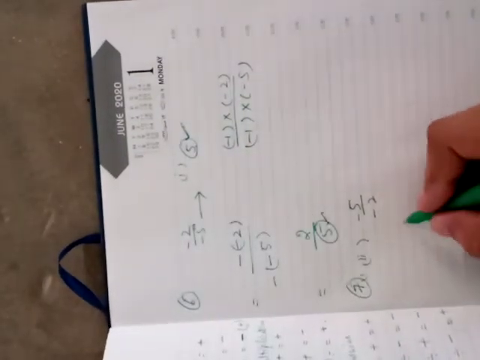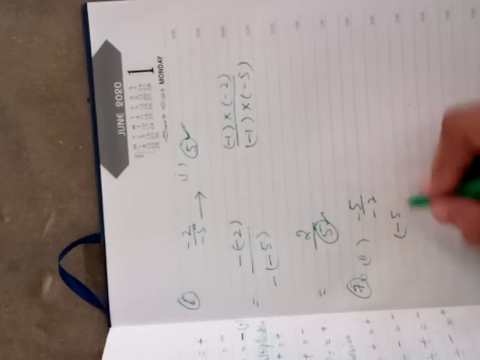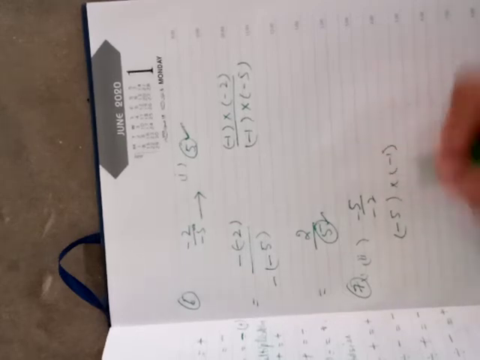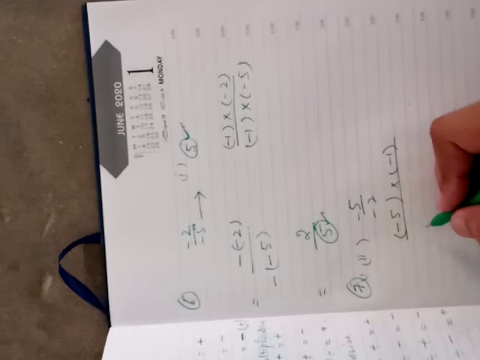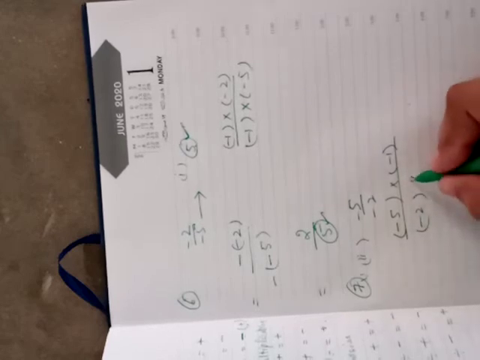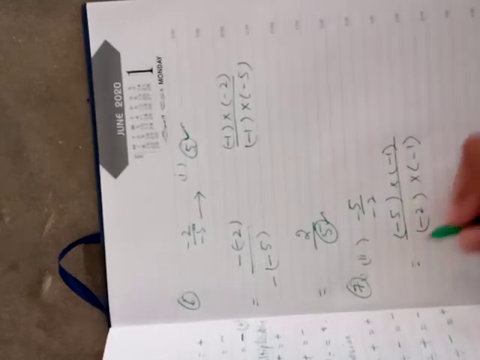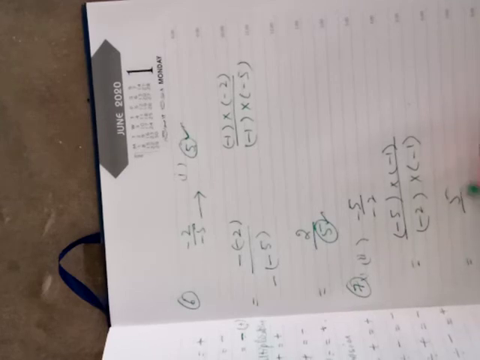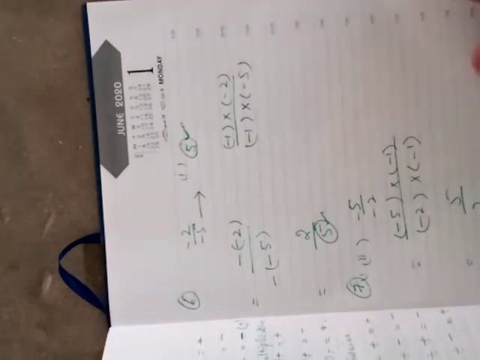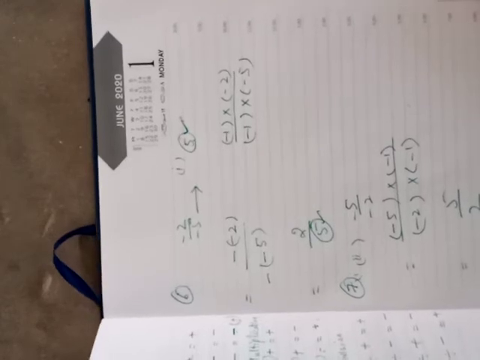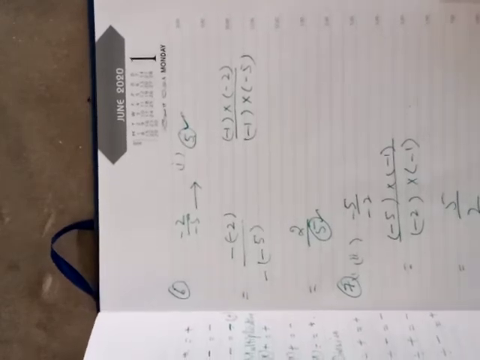Similarly, in question number 6, I multiplied with minus 1. So in this question, I will also multiply minus 5 with minus 1. The numerator and denominator will both be multiplied by this number. I will get the number 5 by 2. I have denominator as positive. Similarly, we can multiply all the other rational numbers with minus 1 to get the positive denominator.